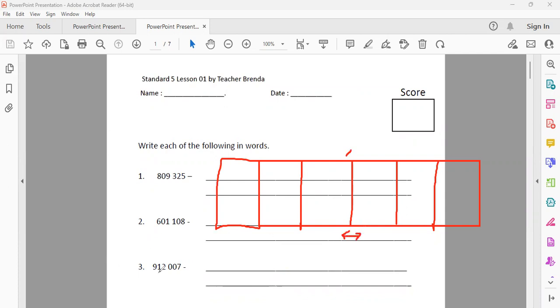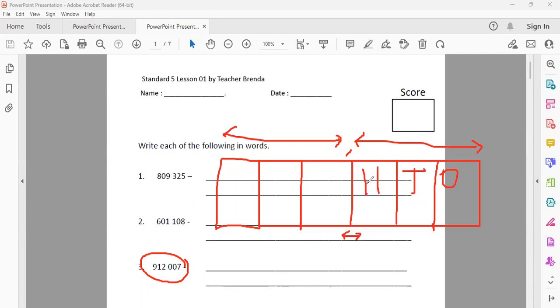Now, this is called the group of 3, and this is another group of 3. What do you mean by the group of 3? It's just your ones, tens, and hundreds. The ones, tens, and hundreds get repeated here. However, they happen in the group of thousands.